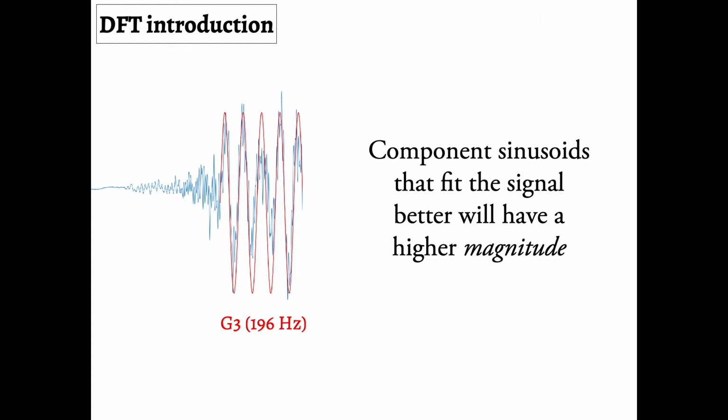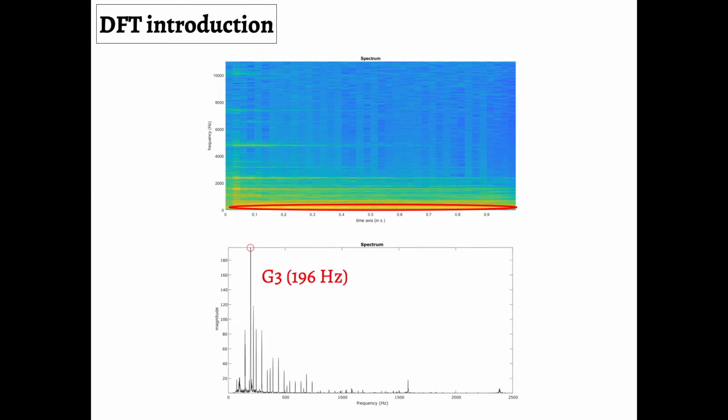This sinusoid corresponds to the fundamental of G3. So we might say that since G3 corresponds well to the signal, the signal has some element of G3. So going back to the spectrogram, the bold yellow in the bottom of the graph shows that there's a high magnitude for G3.